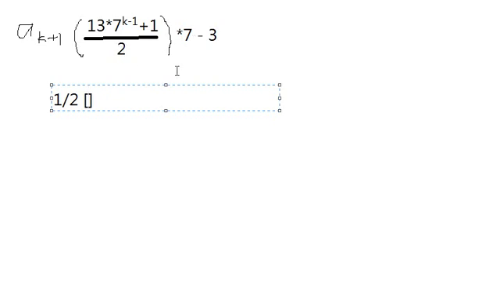So this is essentially 13 times 7 to the power k minus 1 plus 1, without the divide by 2 now, multiply that by 7, then minus 3 divided by half, which is 6.